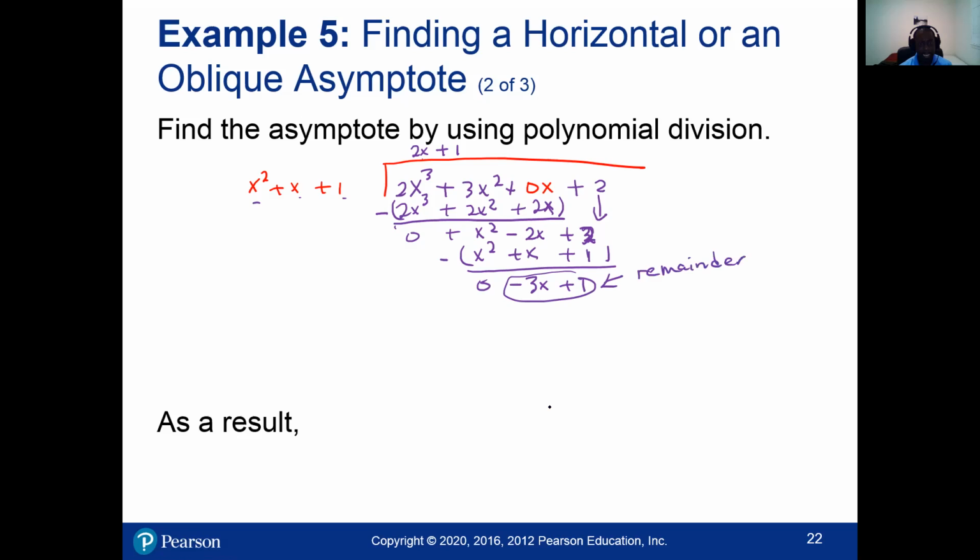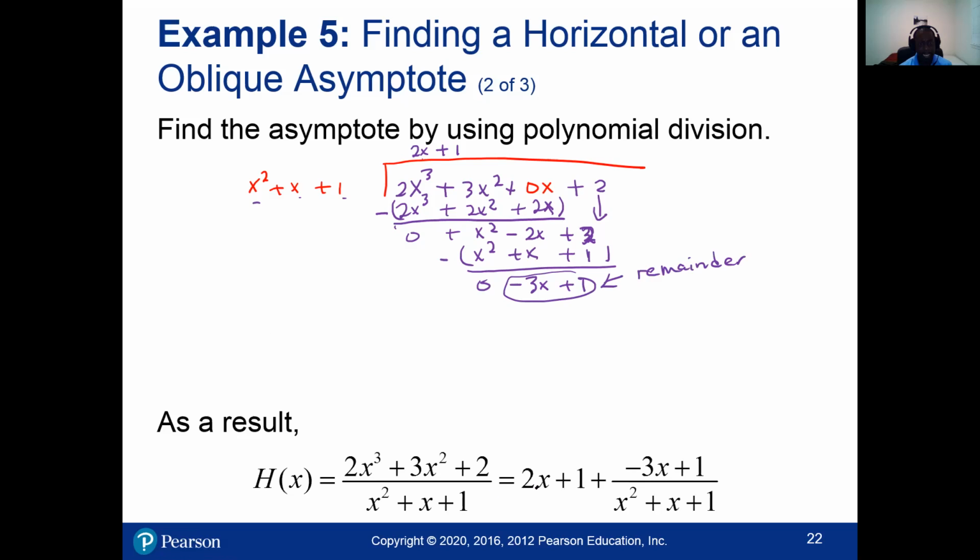That's your remainder. All right, so h of x can be expressed as what? The quotient, which is 2x plus 1, plus the remainder, which is negative 3x plus 1, divided by the what? The divisor. This is called the divisor.